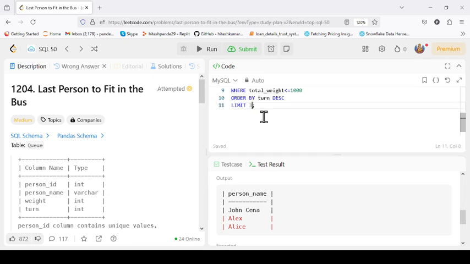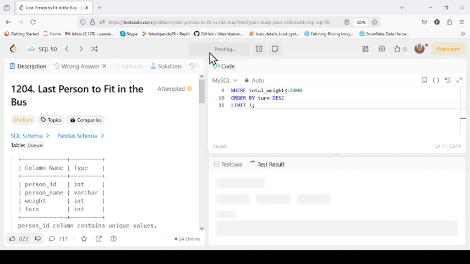So now I have to write it here because we had said the weight is less than 1000. Okay, so therefore they are showing 2 rows. We want the total weight to be equal to 1000. Okay, therefore this was the problem.